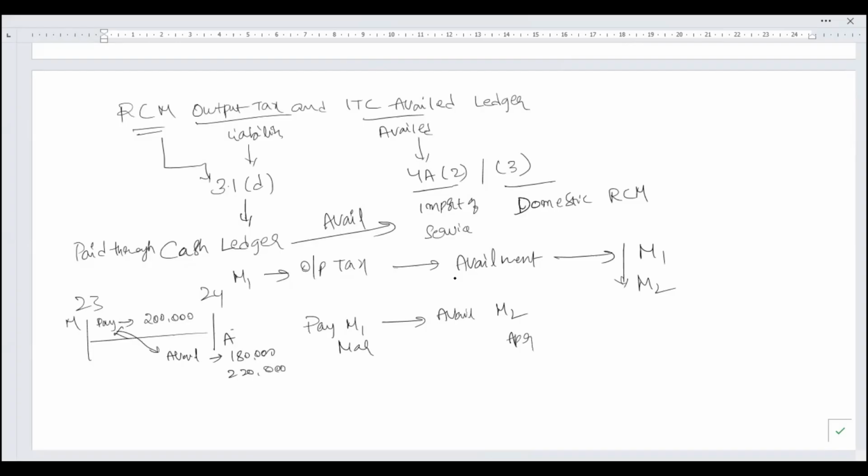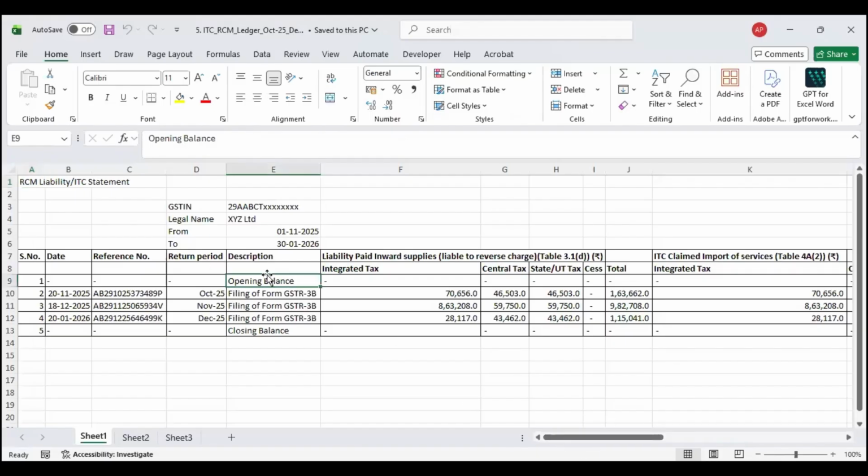For that purpose, they brought this particular control saying that I want to understand how much you have actually paid, how much you have actually availed. So for that purpose, I'll show you this Excel file where I have taken the period October, November, December.